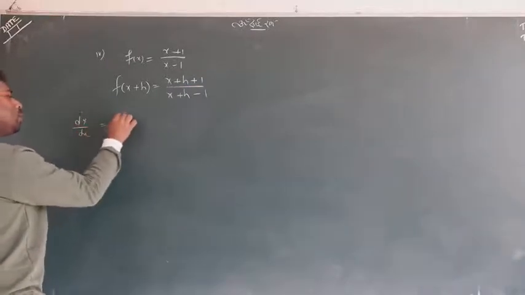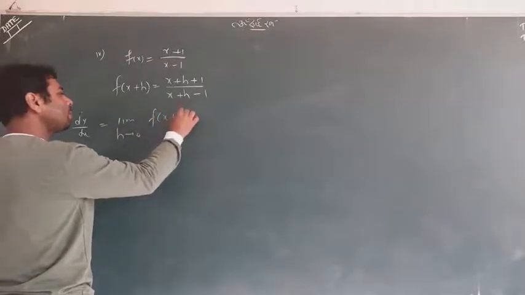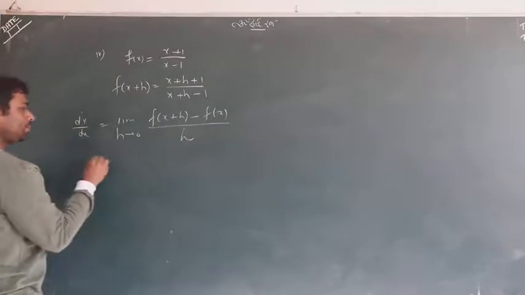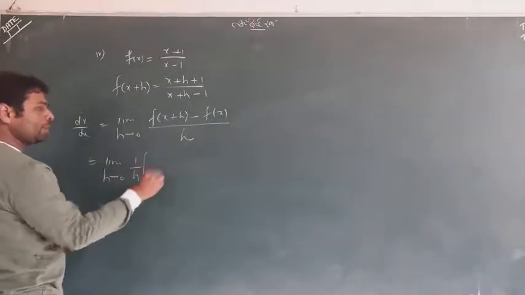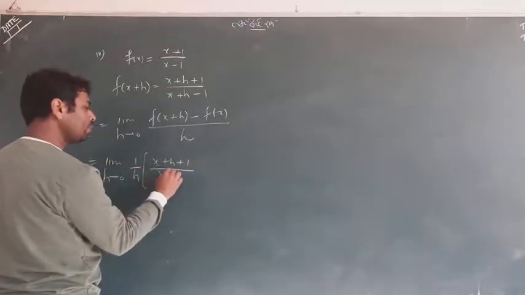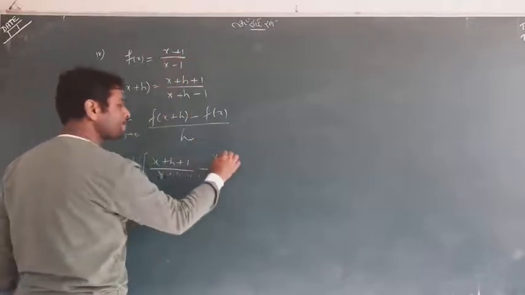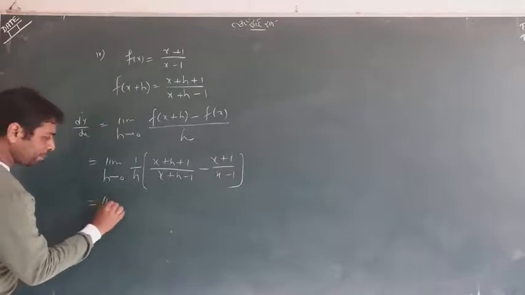By first principle, h tends to 0, f of x plus h minus f of x upon h, and apply it: 1 by h, f of x plus h is this one, and f of x is this one. Afterward, take an LCM. It is so easy.